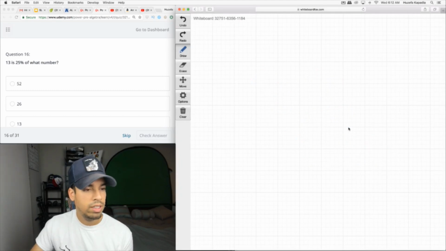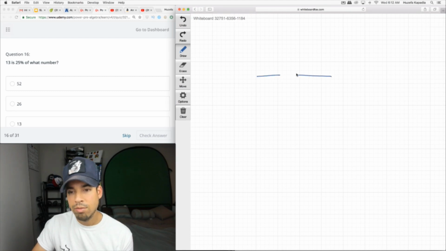All right, next, 13 is 25% of what number? So check this out. It's a percent proportion again. We always start with the 100 at the bottom. We know 13 is our part. They're saying 13 is 25%, so the 25 comes above the 100. 13 is 25% of what number? Well, that's the x. Cross multiply and we will solve.